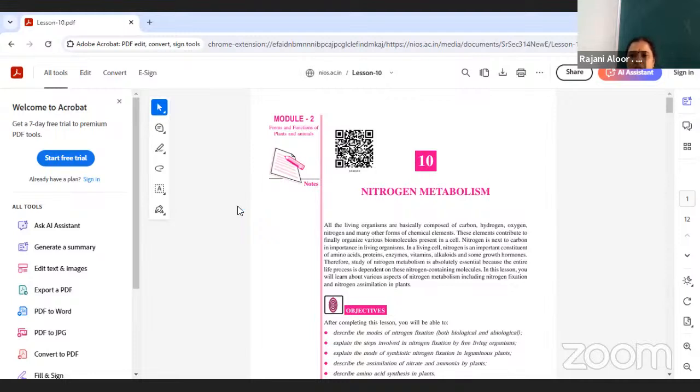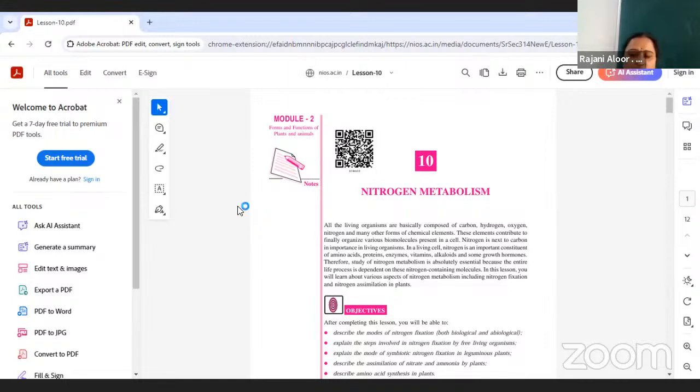In this lesson, you will learn about various aspects of nitrogen metabolism, including nitrogen fixation and nitrogen assimilation in plants. Both of these are things you will study in this topic. Okay, in nitrogen metabolism you can study this whole process.